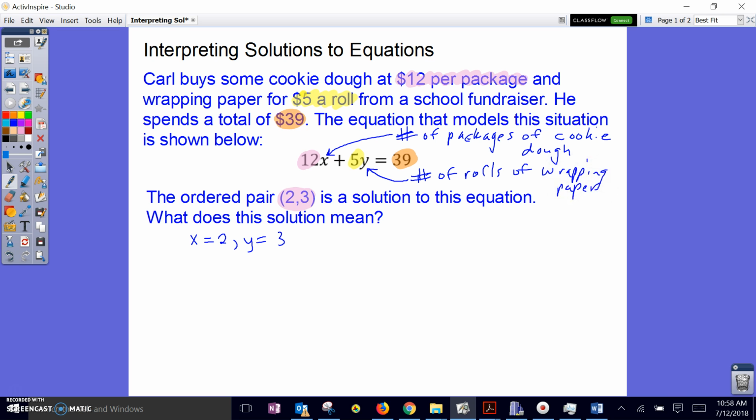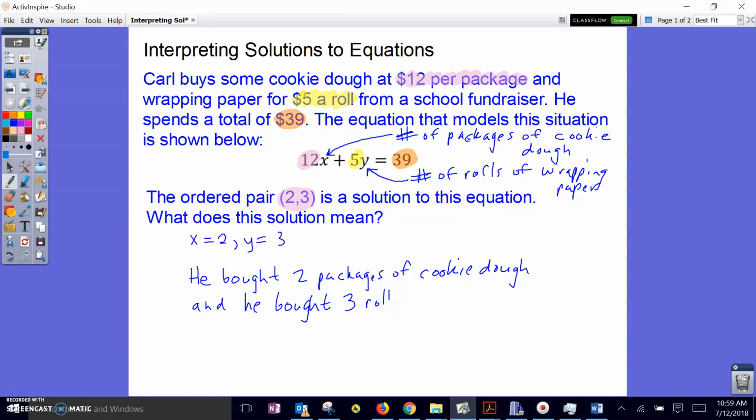And so when x is 2 and y is 3, x represents the number of packages of cookie dough, so he bought 2 packages of cookie dough. And y represents the number of rolls of wrapping paper, and so he bought 3 rolls of wrapping paper.